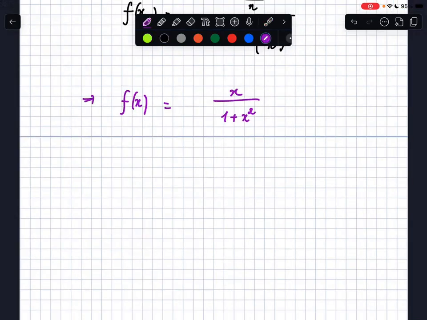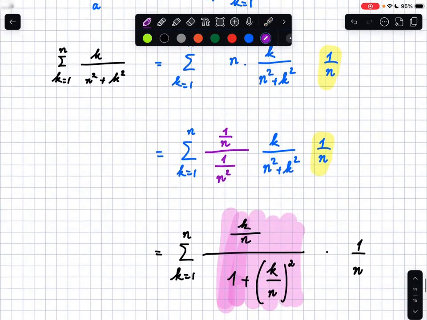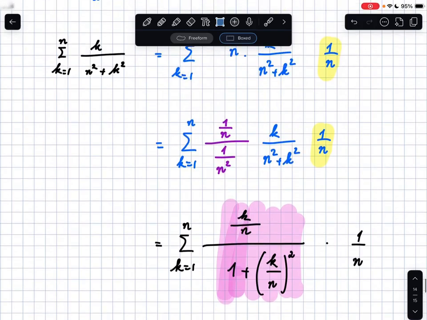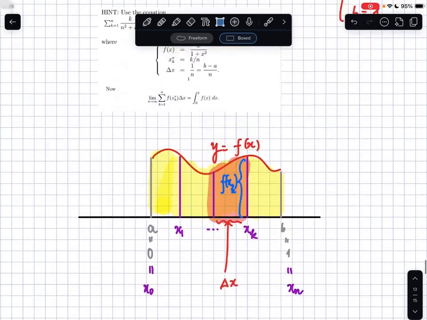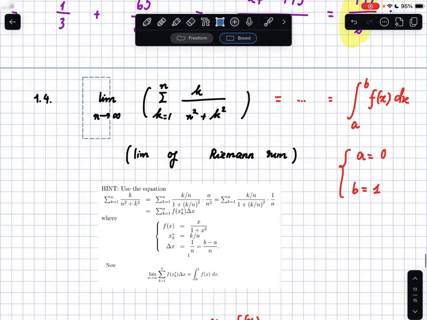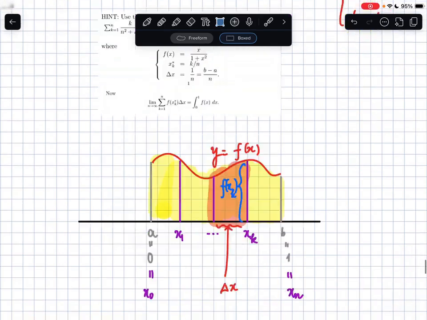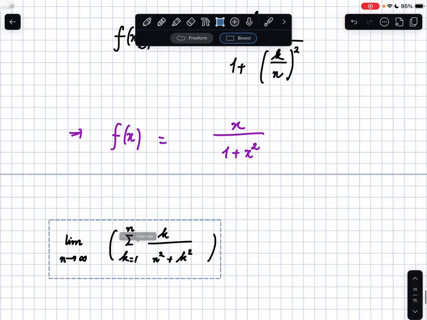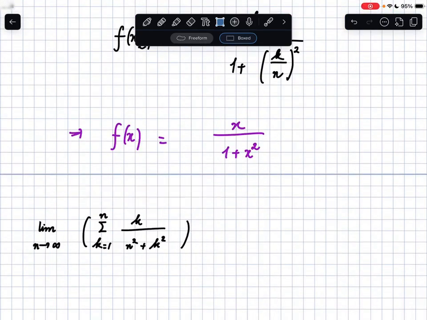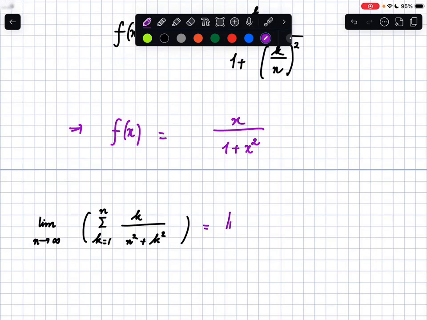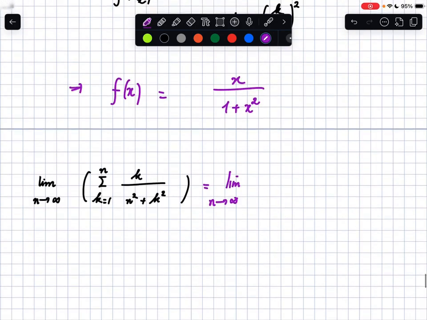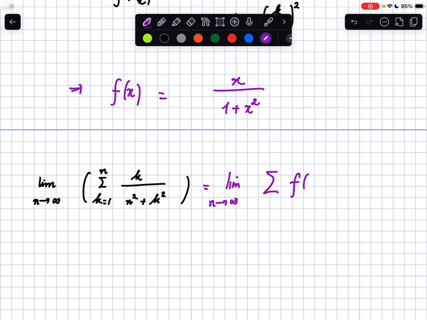So the summation we have at the beginning, this limit, will be the limit as n tends to infinity of the summation of f of xk delta x, k from 1 to n.